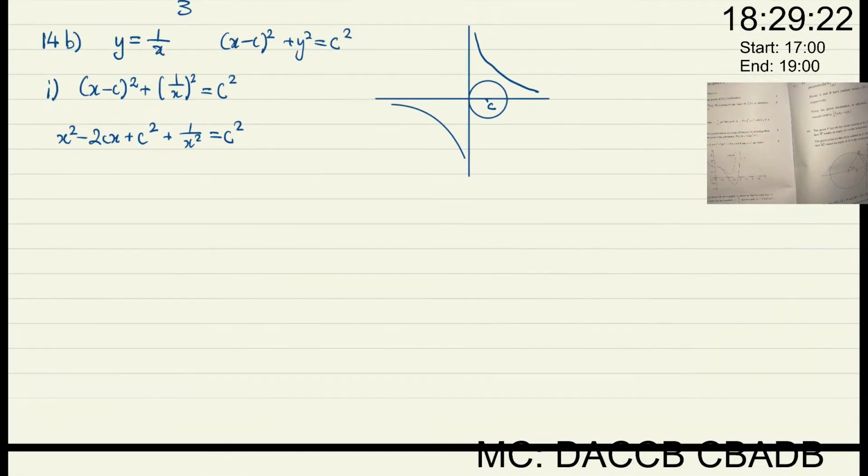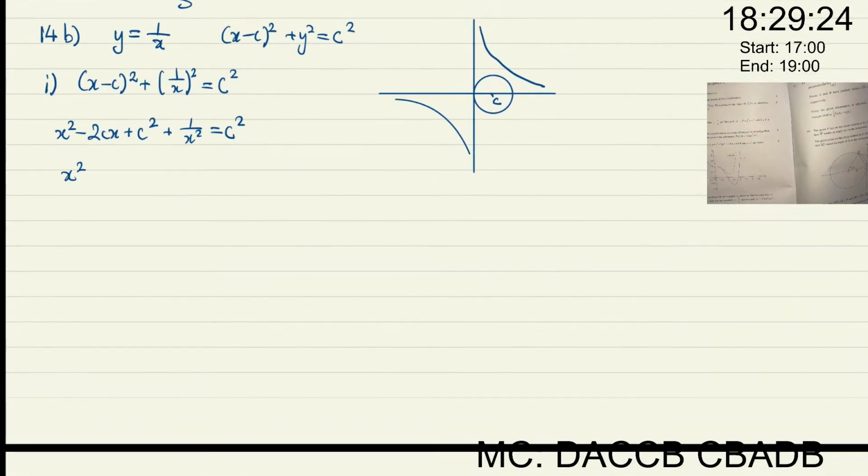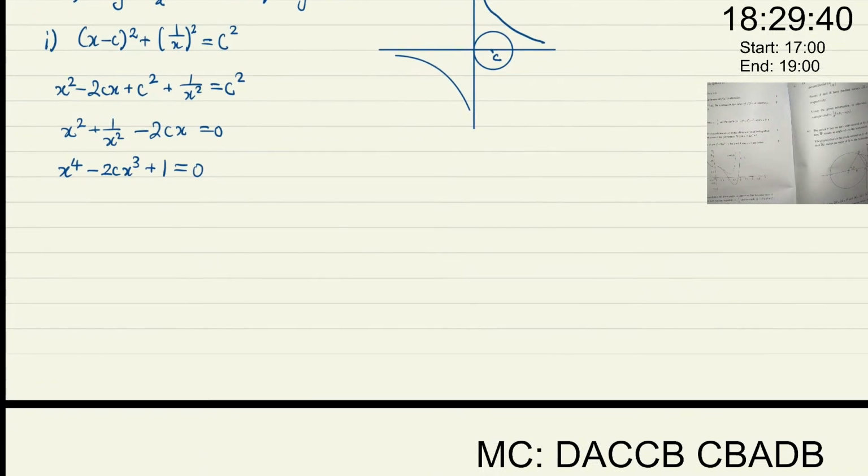Is that all the question is? Timesing everything by x squared. Okay, and so you can say that the x values of the intersection are solutions of above.